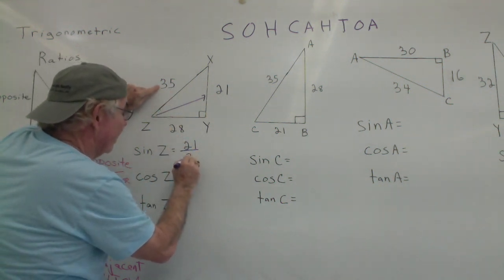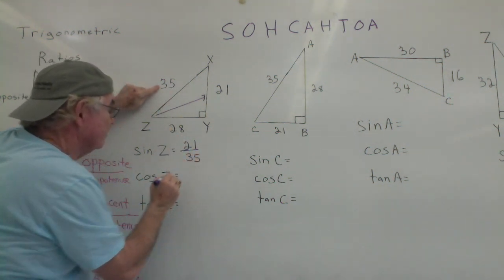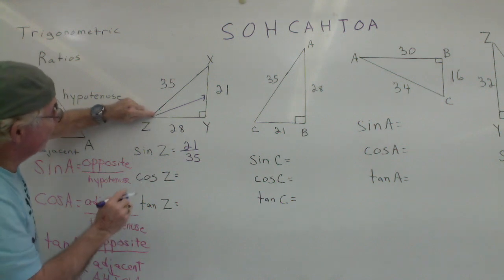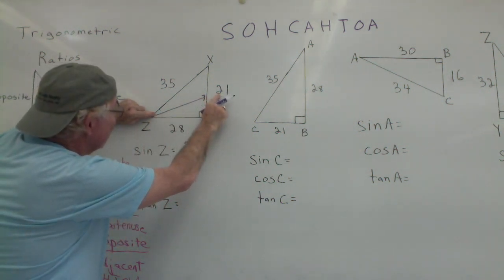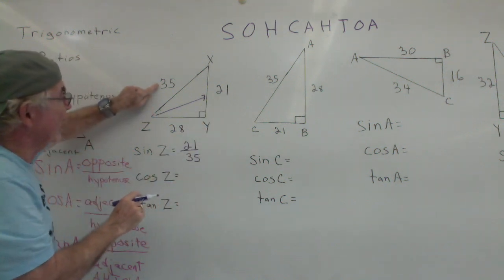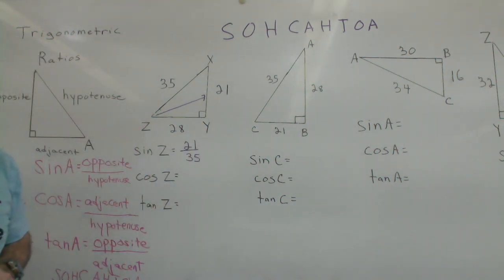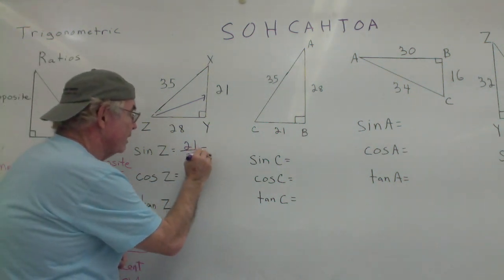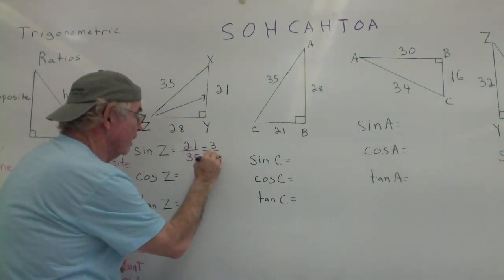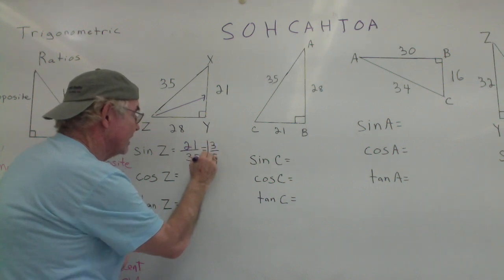It's 35. Let's do that again. Sine is the opposite, 21, over the hypotenuse, 35. And it would be nice to reduce. 7 goes into both numbers, 3/5. And that's it.